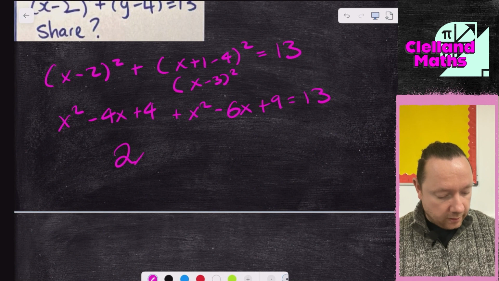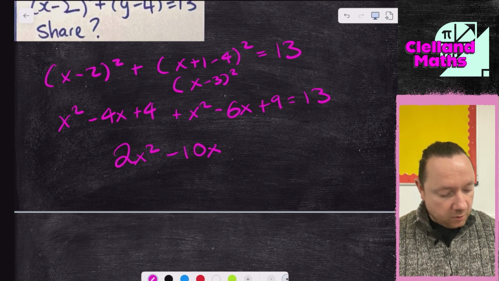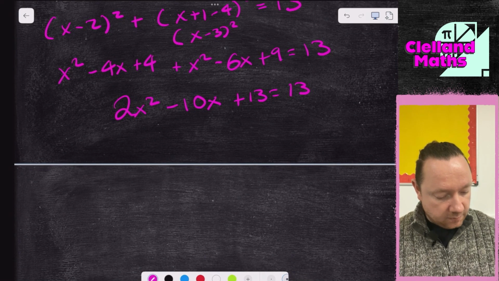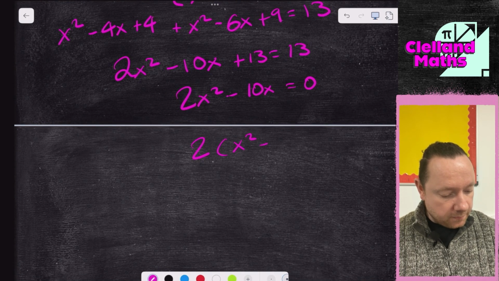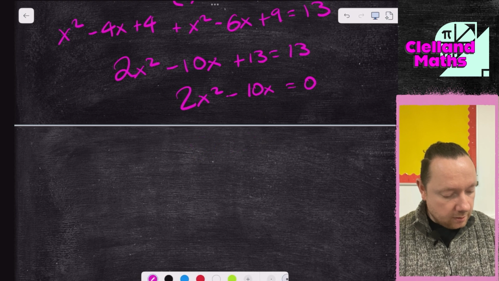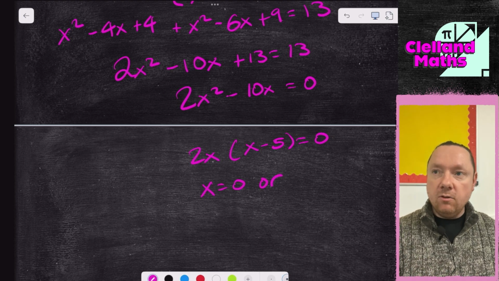So that's 2x squared minus 10x, and 9 plus 4 is 13, which equals 13. Move everything to the same side: 2x squared minus 10x equals 0. 2x is a common factor, to get 2x times x minus 5. So x equals 0, or x minus 5 is 0, so x is 5.